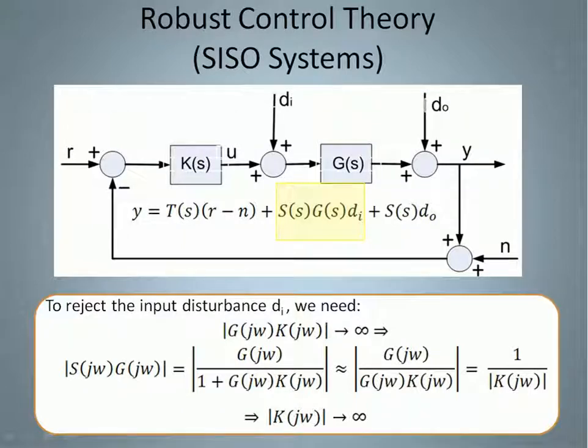Notice that now both the magnitude of the open loop transfer function and the magnitude of the controller need to be large quantities. A large magnitude of the open loop transfer function is not enough to make the system insensitive to DI.